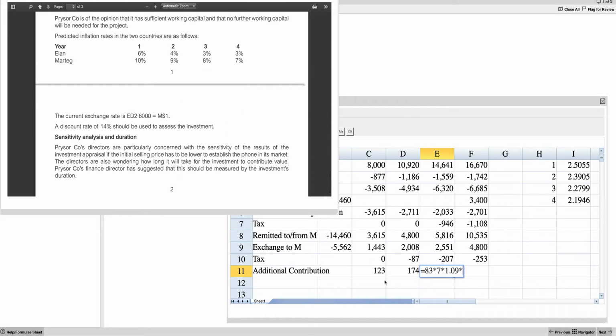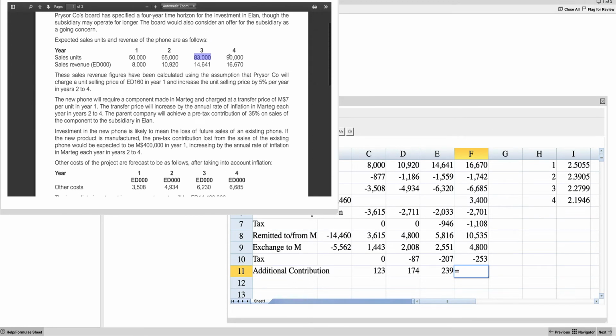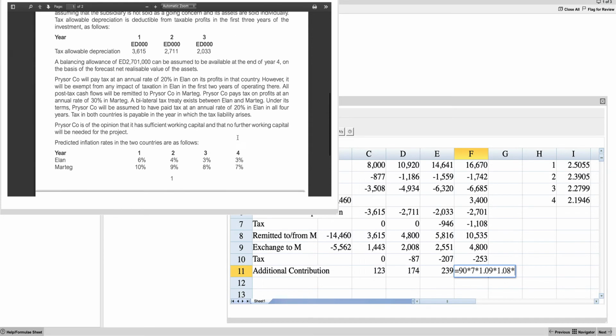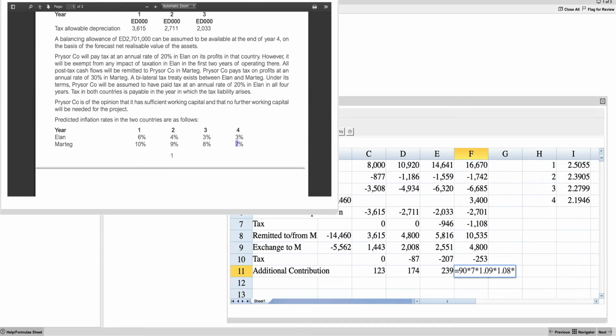In that year, 1.08 times by 35%. And the same finally then, 90,000. So 90,000 times by 7 times by the inflation rate so far. I don't need to worry about exchange rates because it's already in M dollars. And the final year was 1.07. And that's that. Not forgetting actually the 35%.